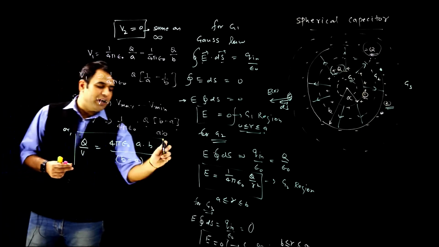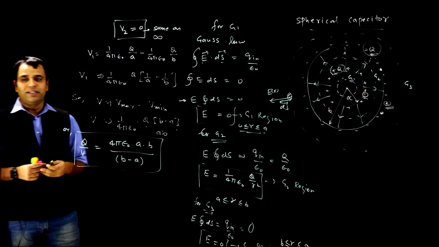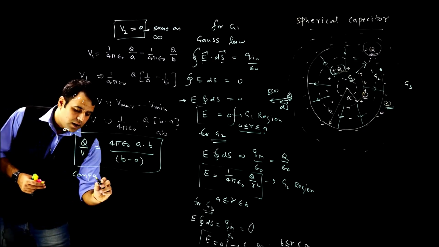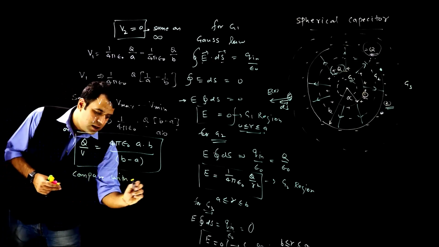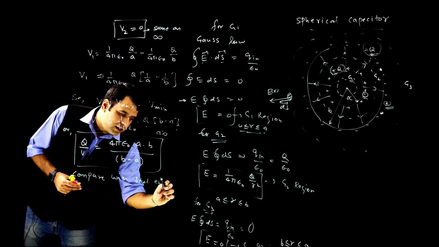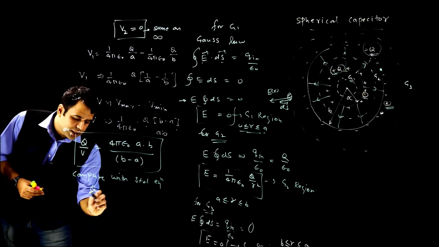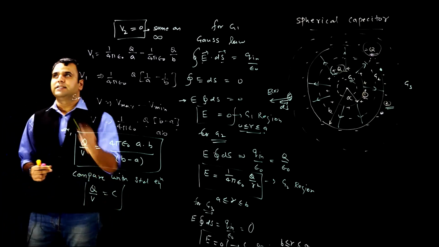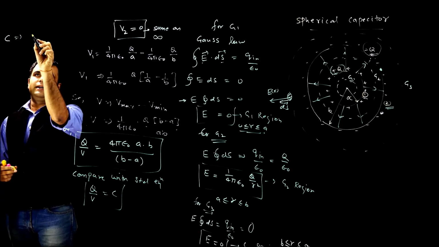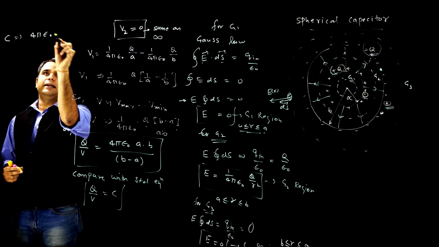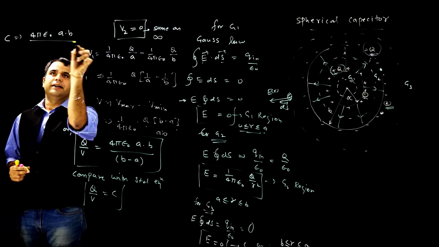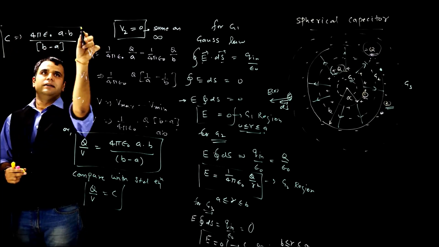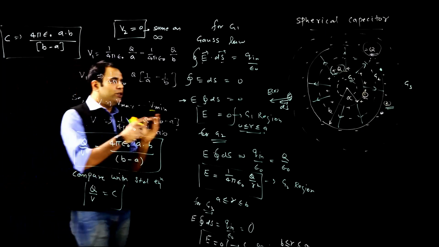That's the value of Q by V we are getting corresponding to this structure. Now this equation we will compare with the standard equation, and the standard equation is Q by V is equal to C. If I compare these two equations, the value of C we get is 4 pi epsilon naught a into b divided by b minus a. This is the capacitance due to this structure.